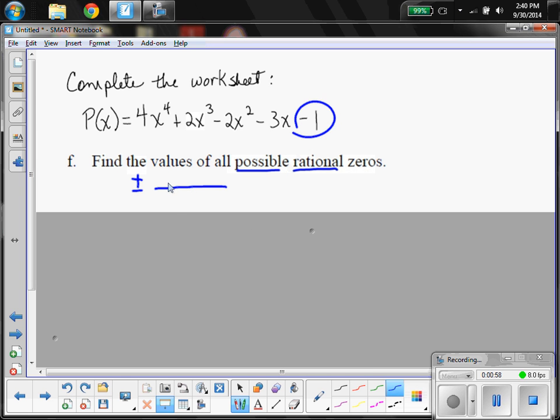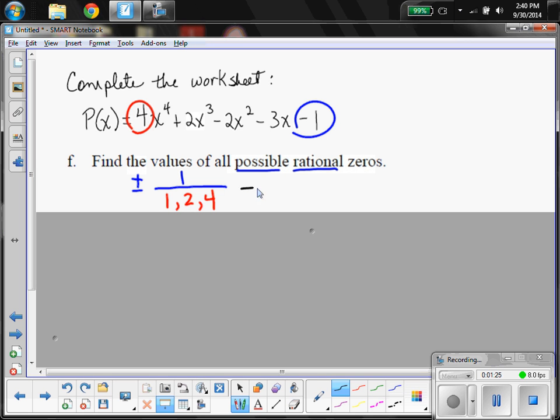My constant term is 1 or negative 1, and the factors of 1 are just 1 in itself. And the denominator comes from the factors of your leading coefficient, and the factors of 4 are 1, 2, and 4. And of course all positive and negative values of those, because you can have negatives times negatives or positives times positives to get those exact ratios.